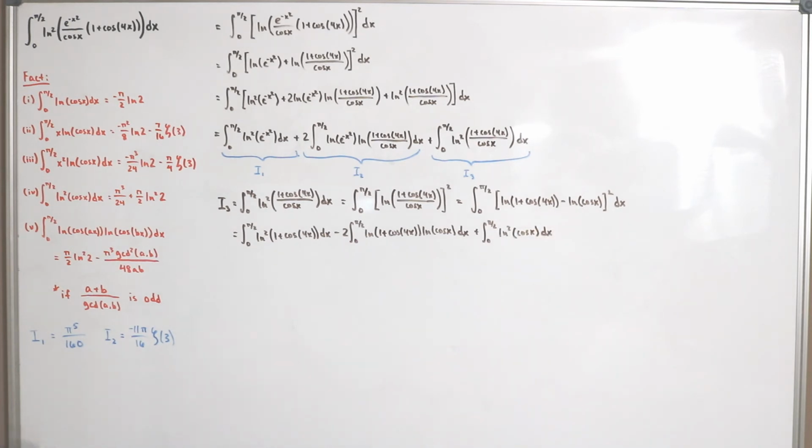Okay, and with that, let's label these as I31, I32, and I33.